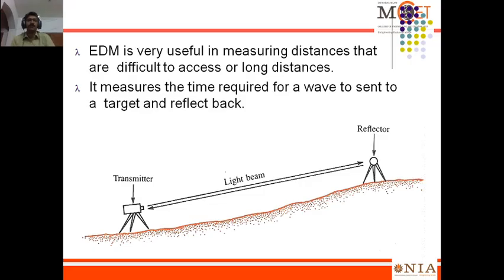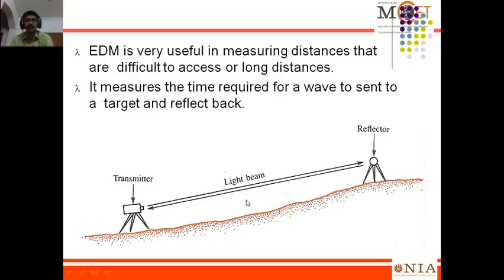EDM is very useful in measuring distances that are difficult to access or long distances. It measures the time required for a wave to be sent to a target and reflect back. That is, from the transmitter instrument the signal light beam is sent, it hits the reflector prism and comes back.